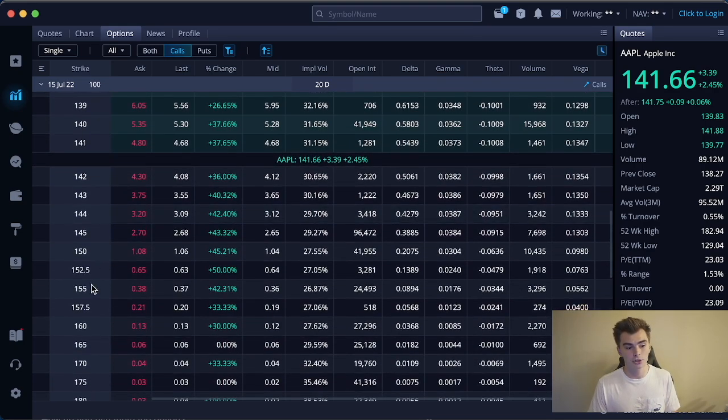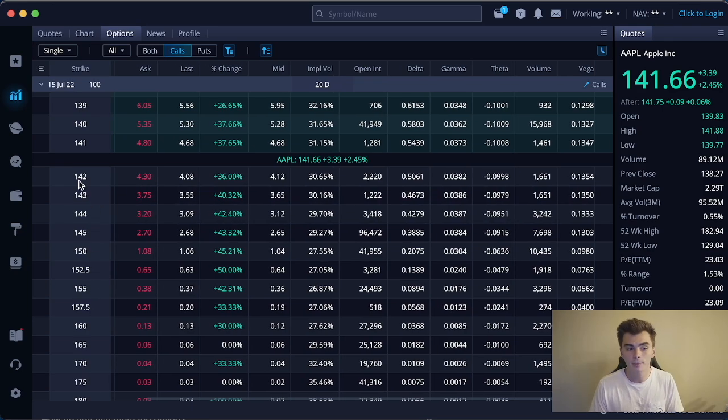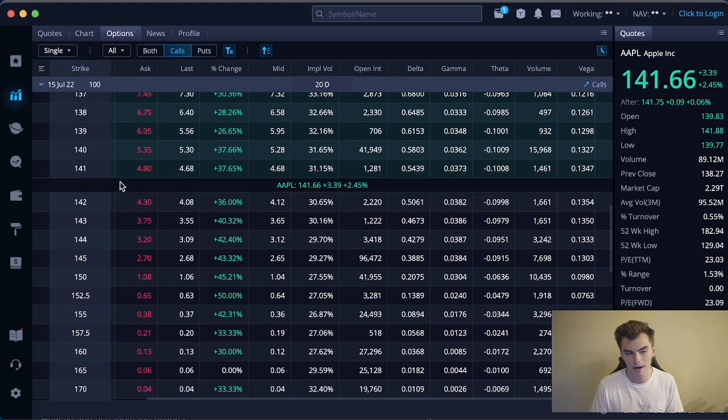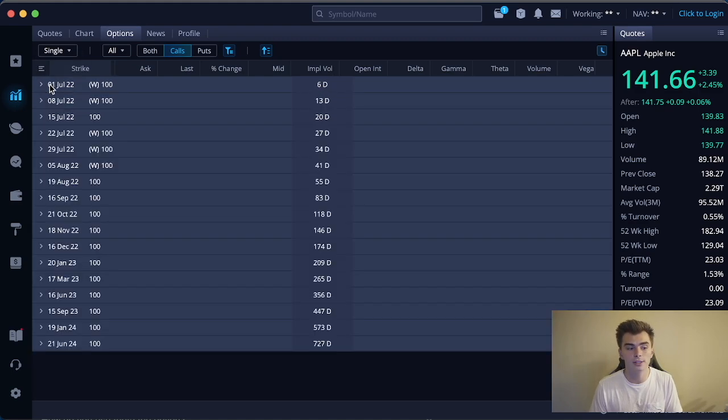Anything with a strike price above where the stock is trading is out of the money. Apple closed at 141.66, so any strike price above that, 142 and above, is considered an out-of-the-money contract. At-the-money contracts are the ones surrounding here, these 141s and 142s. So those are the basics of reading the first two steps of the option chain.